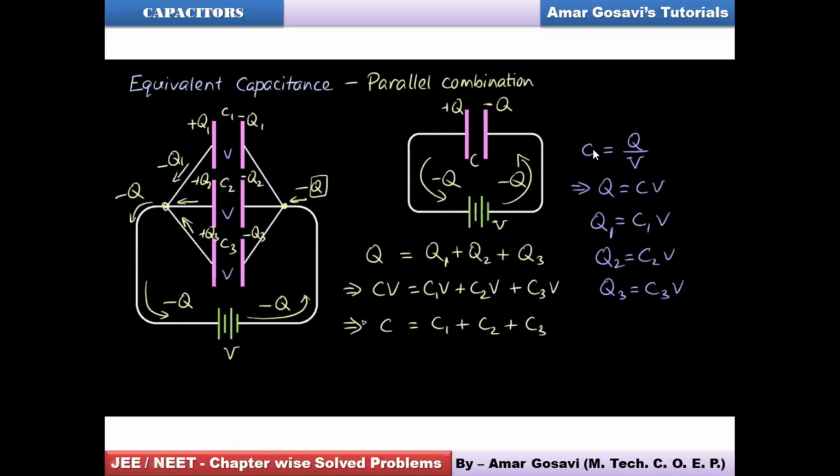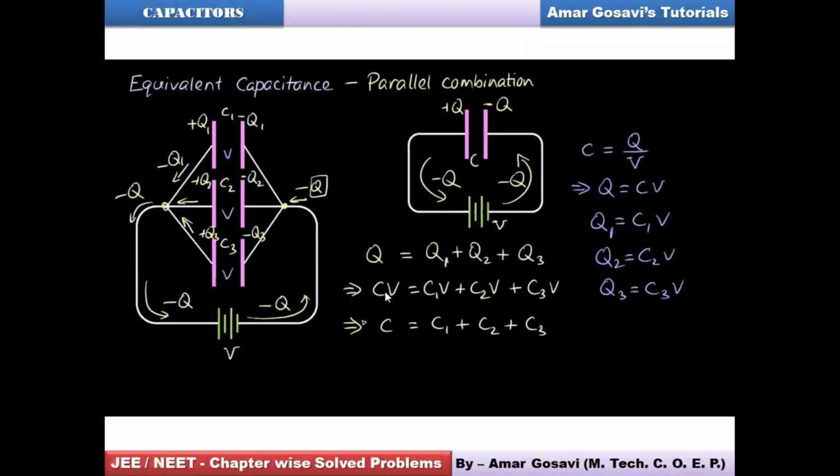Okay, now we have a general equation. Capacity or capacitance would be Q by V. So Q can be shuffled as C into V. Subsequently, Q1 would be written as C1 into V. Q2 would be written as C2 into V, and Q3 would be C3 into V. So now I know the values of Q, Q1, Q2, and Q3. I'll just substitute it in this equation.